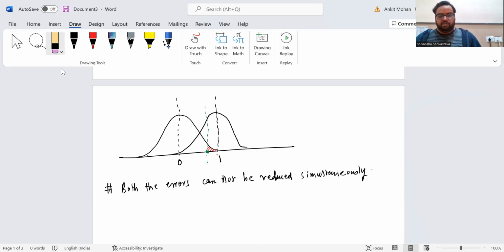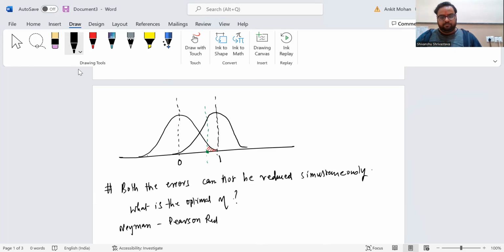So essentially, what is the optimal threshold? That is answered by the Neyman-Pearson rule.